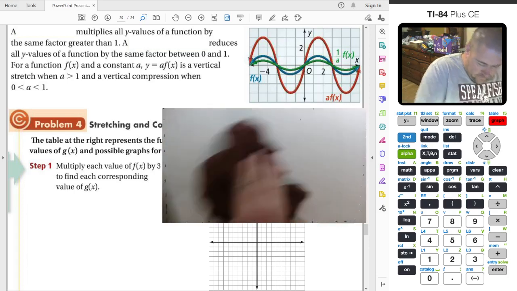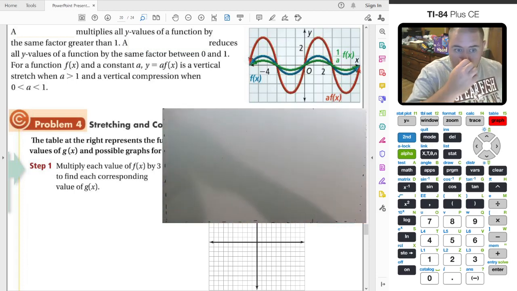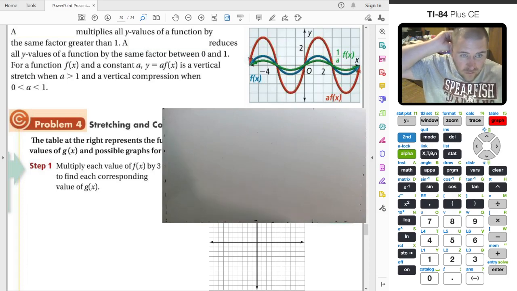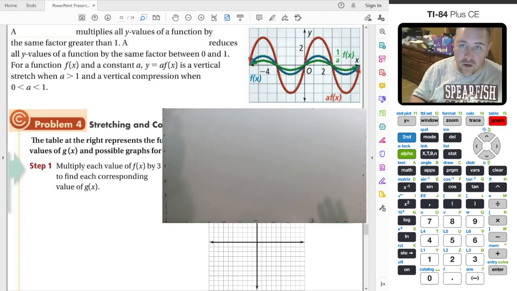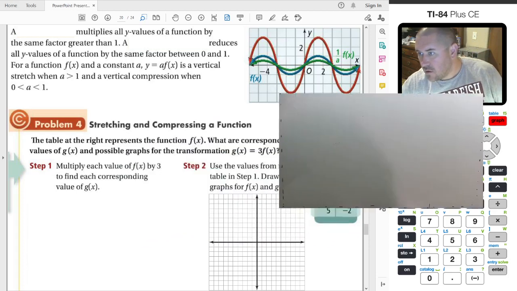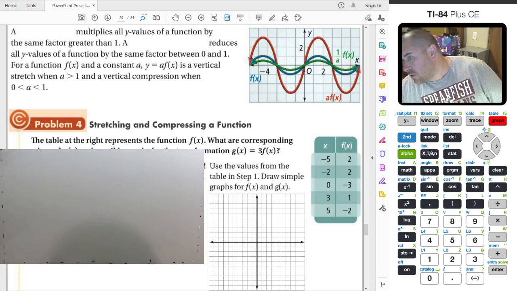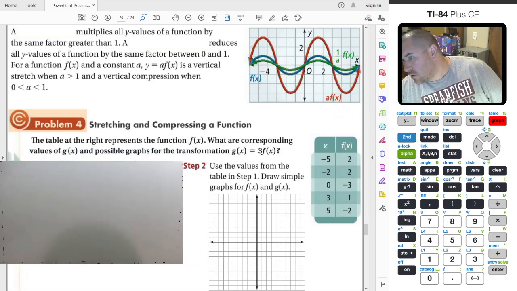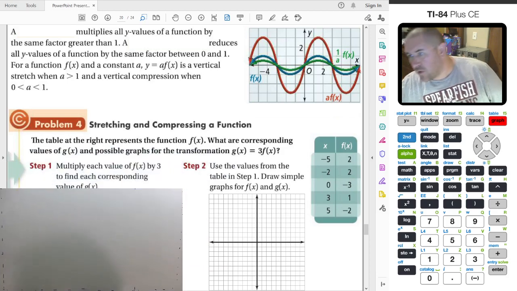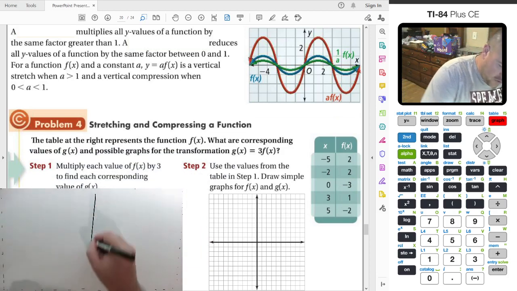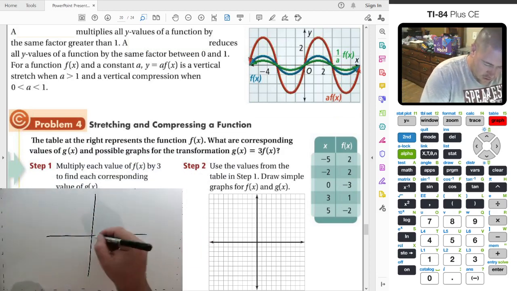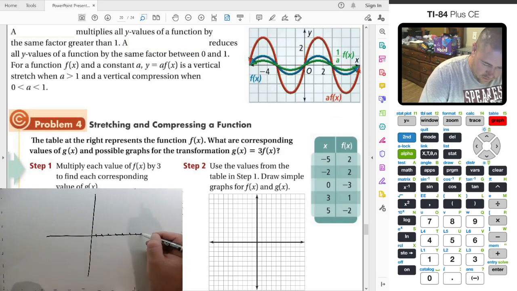So they want us to do it by table again. I think you guys know how to just take numbers and multiply them by 3. If I see it in a graph, okay, if we have a graph, 1, 2, 3, 4, 5, 6, 7, 8, 9, 10.